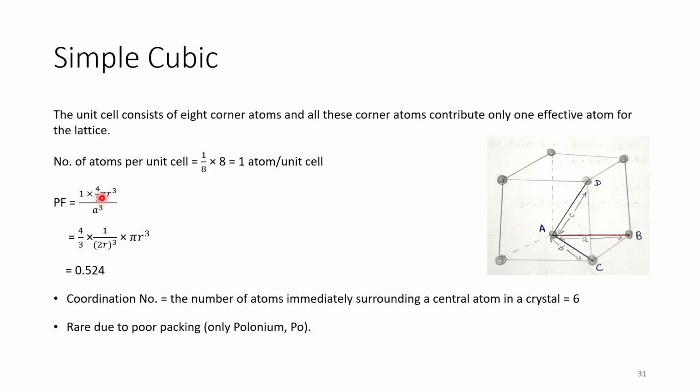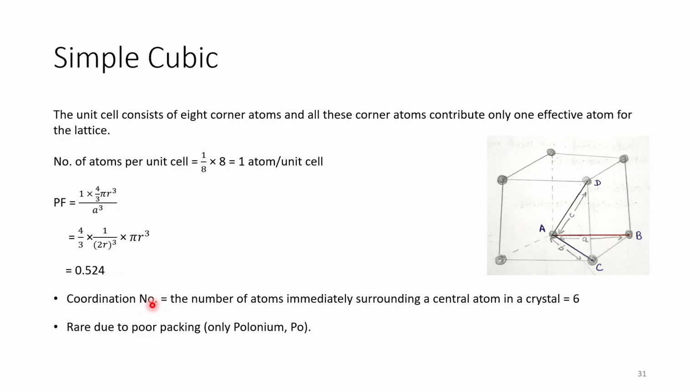So the sphere volume will be 4/3 pi r cubed. In this case, all these atoms will be touching each other when you calculate this. So a will be equal to 2r. So when you find out the packing fraction, it will be 0.524.